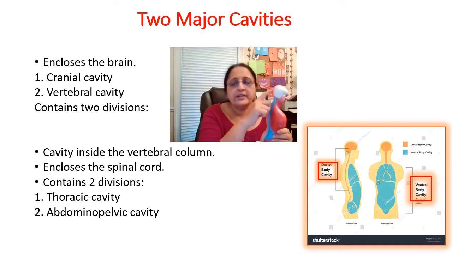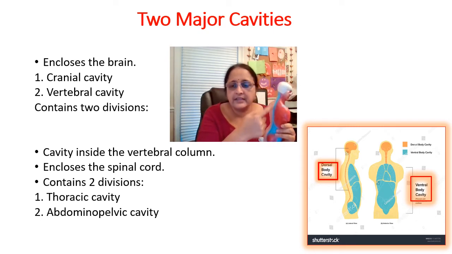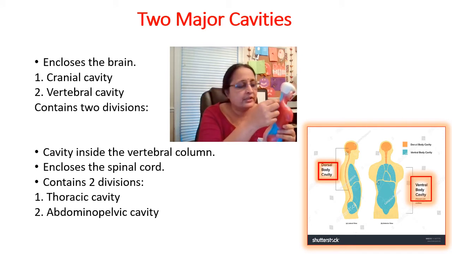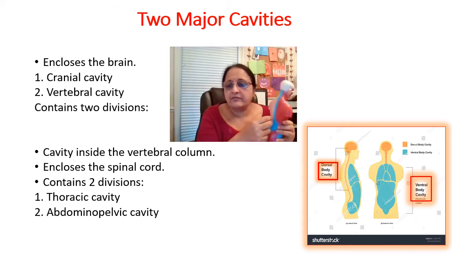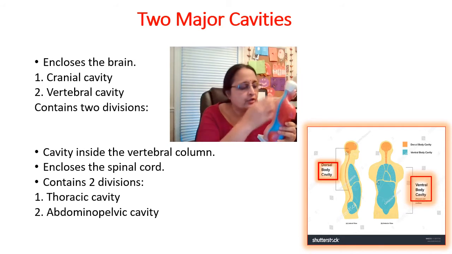The cranial cavity encloses the brain and is supported by the cranium or skull bones. The spinal cavity or vertebral cavity is supported by the vertebrae. The vertebrae are a long series of irregularly shaped bones that are linearly organized one below the other to form the vertebral column.